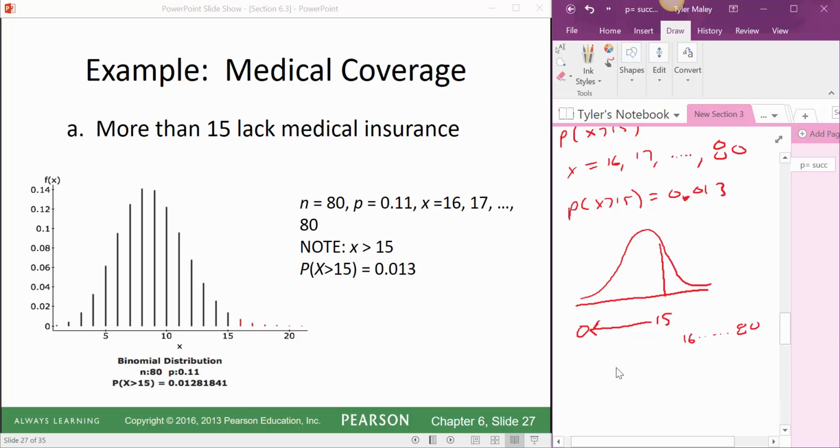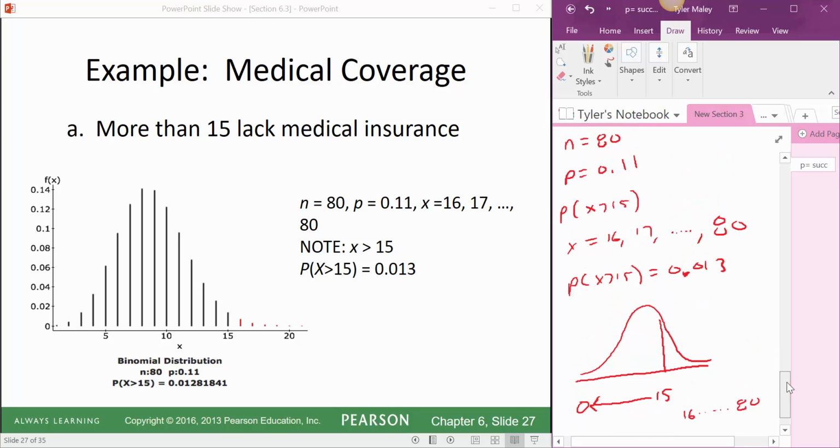What we could do is, both of these add up to 1, so I could take 1 minus the probability that x is less than or equal to 15. We could calculate that using R, certainly.